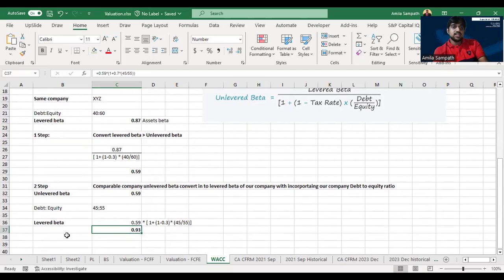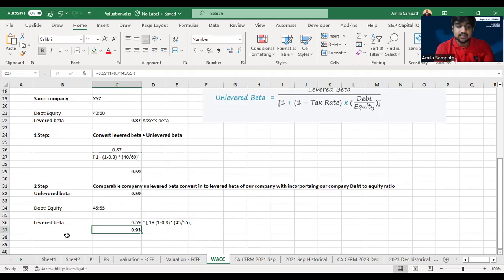Then unlevered beta: what is the simple meaning of unlevered beta? Again and again I repeat these things because this is important. If you don't have these ideas in your mind, then you can't do these calculations. Unlevered beta means the beta if our company is 100% financed from equity.